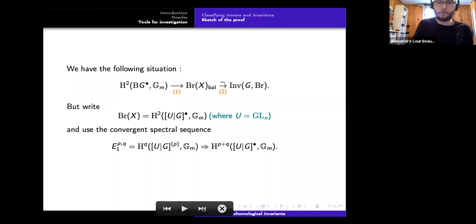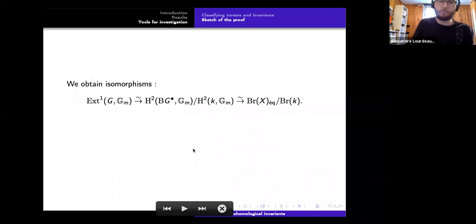We can calculate to obtain what we wanted: the cohomology of BG point, over the constant subgroup, is isomorphic to the extension group of G, and is also isomorphic to the balanced group of Brauer X over the constant.